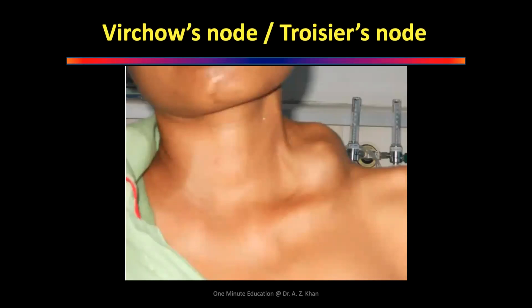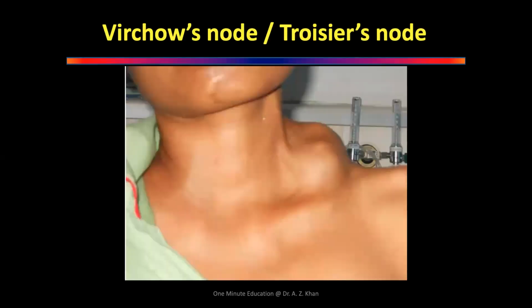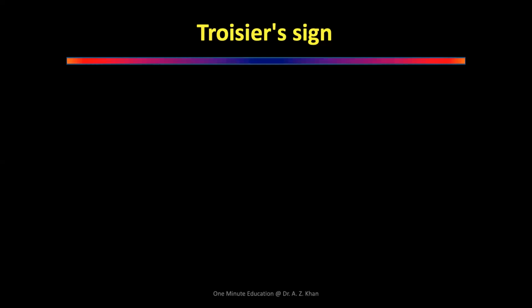Okay, this is Virchow's node or Troisier's node. Okay. So tell me about the Troisier sign. What does it stand for? I just showed you the node. What does it represent? I'll go back if you want. This is Troisier's node, but what does it represent? Or Troisier's sign or Virchow's nodes?